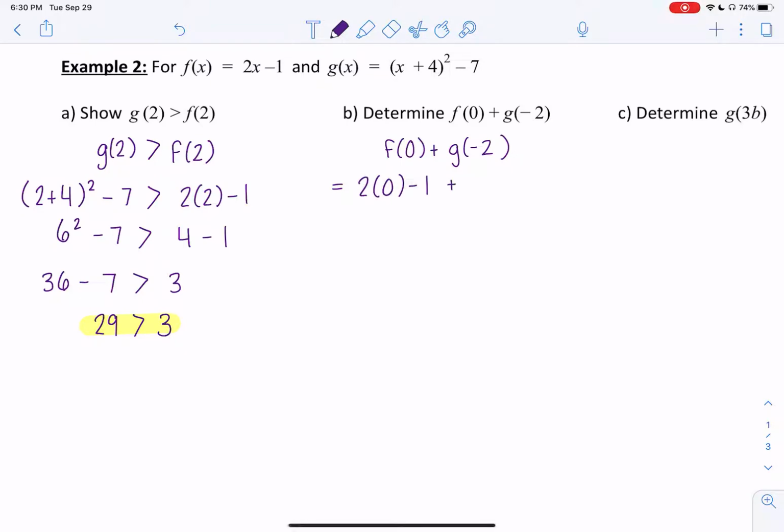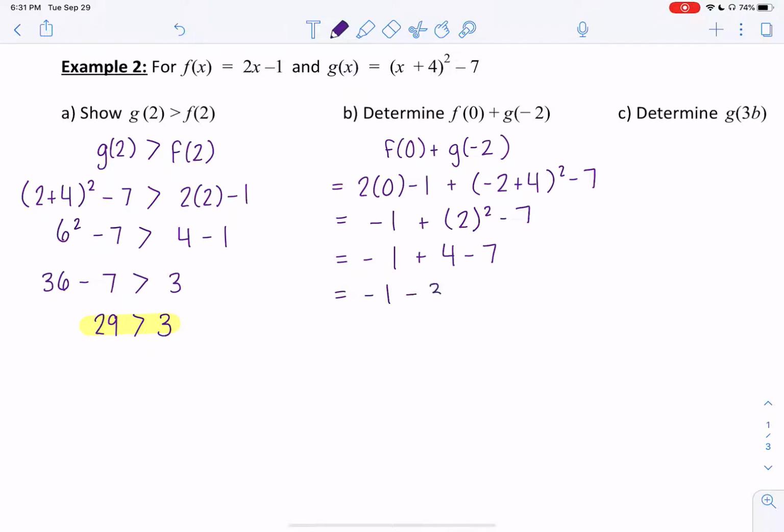And we'll add that to g at negative 2. And all I'm doing is just simplifying with BEDMAS. So our final answer is just negative 4.